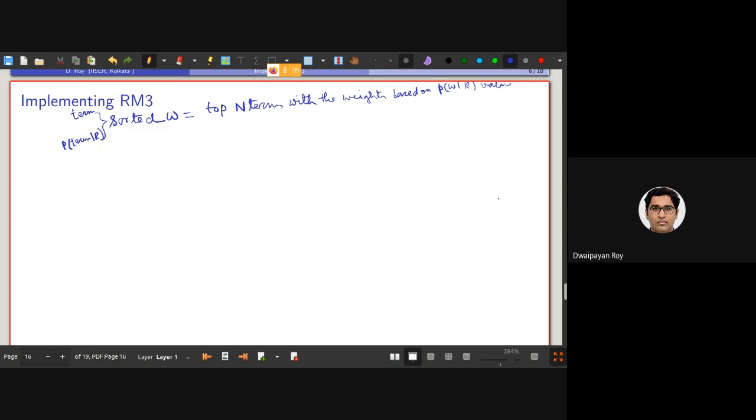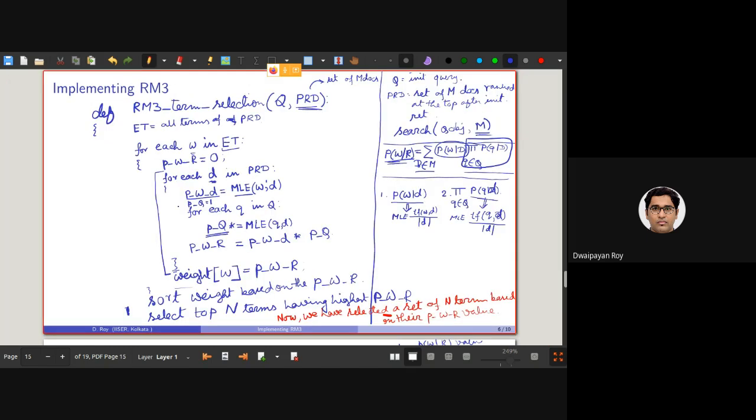Now, as I hope you remember, sorted W is based on RM1. In order to make this RM3, we consider P prime (W|R), the RM3 weight, equals alpha into P(W|R), the RM1 weight, plus 1 minus alpha into probability of W given Q. Note that this function is not closed.